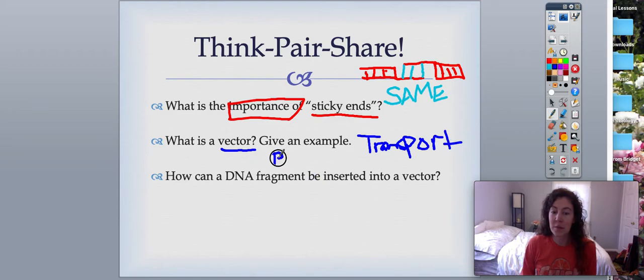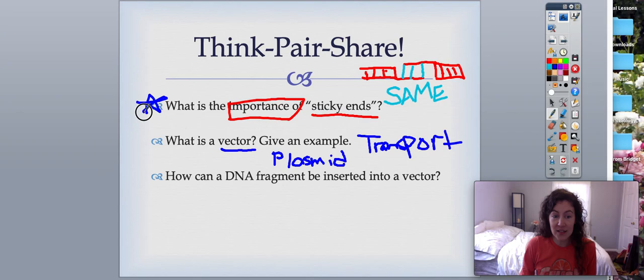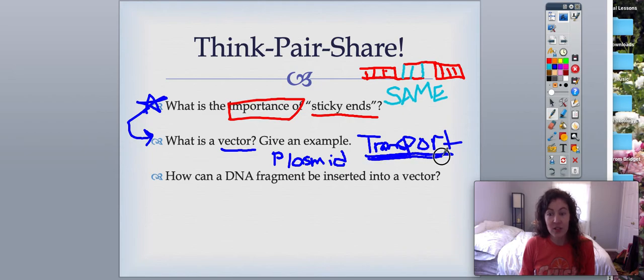Started with a P. Plasmids. That circular piece of DNA inside a bacteria, we can use it to transport genes from one organism to another. Cut them out with the sticky ends, insert them into a plasmid. We can now turn it into a vector that can transport those genes to different organisms.